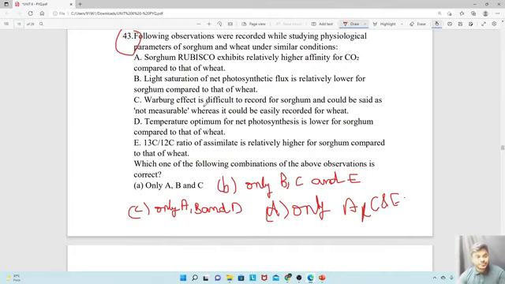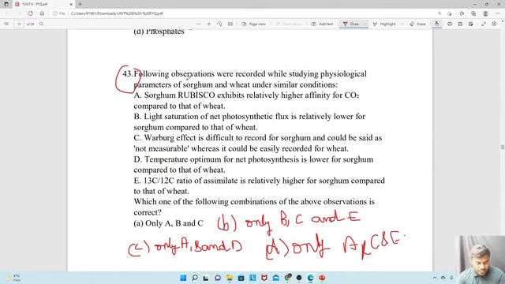Okay, that's a good answer. Look into this question. Mrinalini, what is the answer? Others, Deepika. Okay, good.